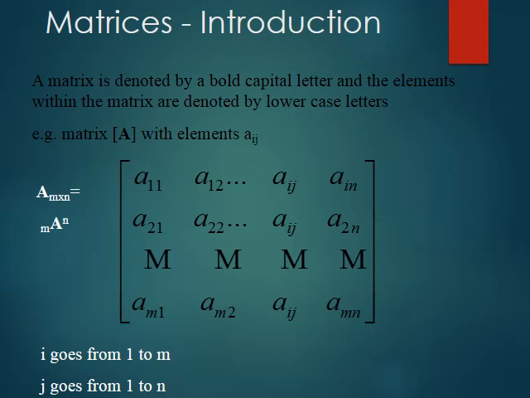A12 is the element in the first row, second column. Similarly, A1n is the element of the first row and nth column. Similarly, if we have m rows, in mth row first column, this is the position of the element or the entries. So in general, a matrix can be denoted with capital letter A and their elements are denoted by small letters Aij.